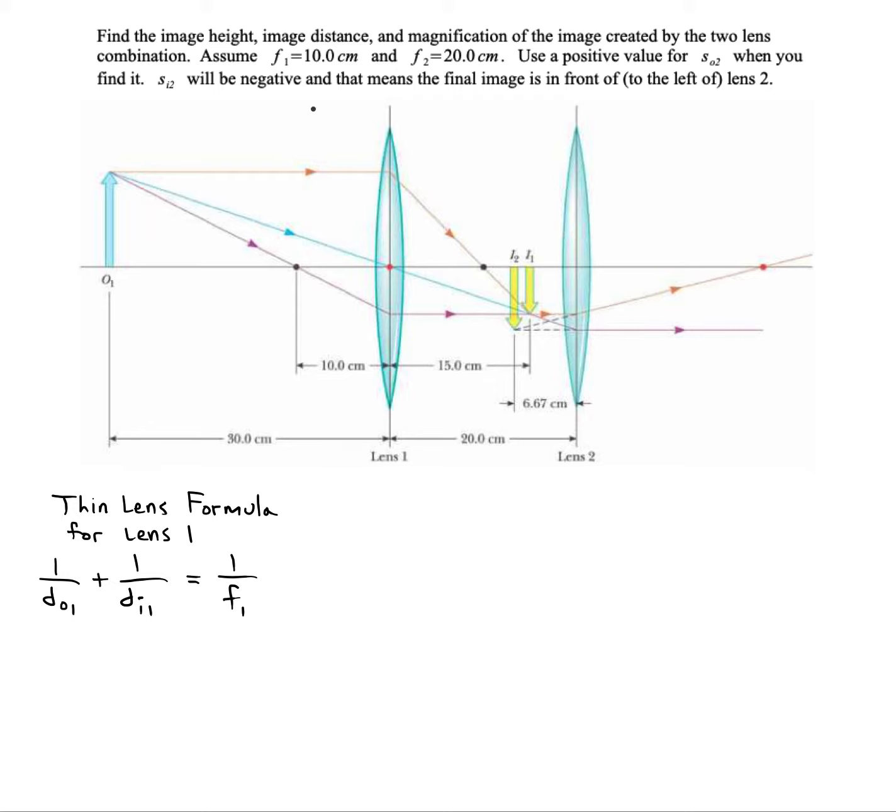They're saying that the focal length of lens 1 is 10 centimeters. They also show that the object is 30 centimeters in front of it. So we want to do 1 over 30 plus 1 over di1 equals 1 over 10.